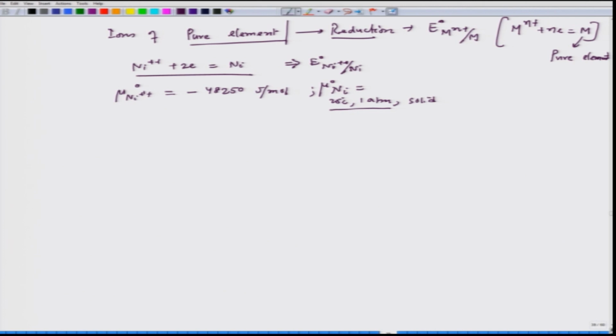So, it is a stable form, that is why the mu0 of oxygen gas would be 0. Here also this is solid nickel, which is the stable condition at 25 degrees Celsius and 1 atmosphere pressure. So, then also it is assigned as 0.